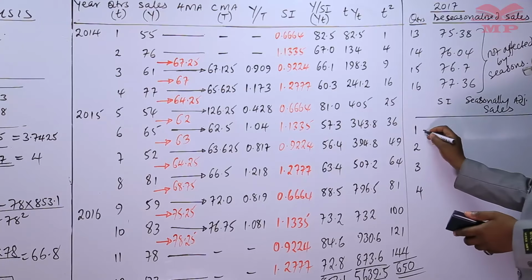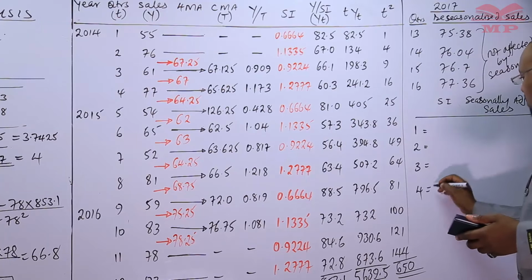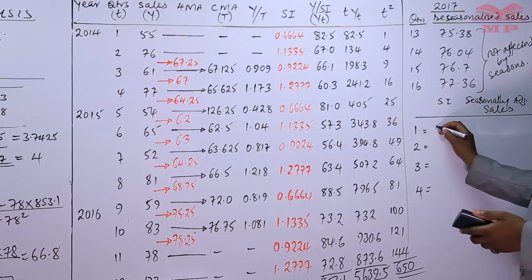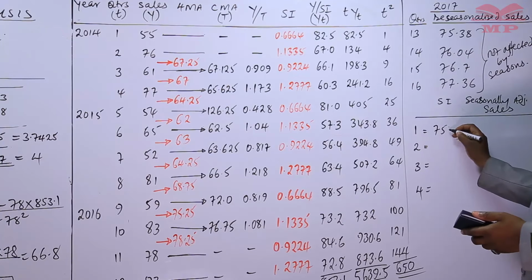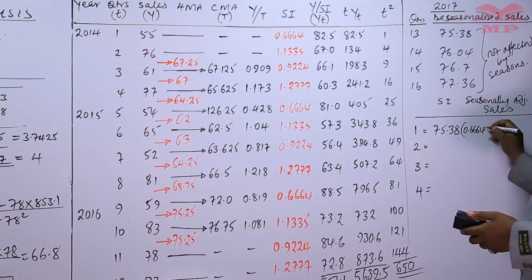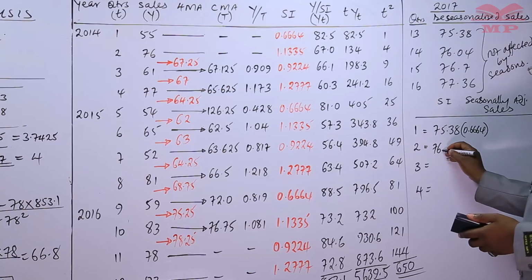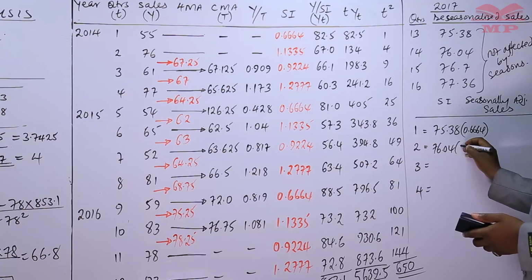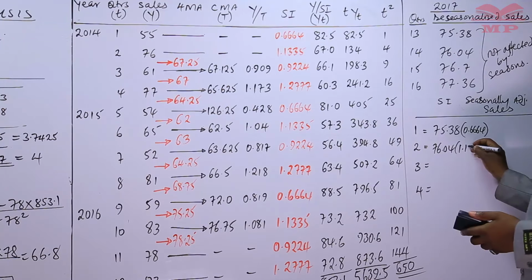So for quarter 1 of this year 2017, I'll have 75.38. I multiply by the season, which is 0.6664. Then 76.04, I multiply by the seasonal index 1.1335.